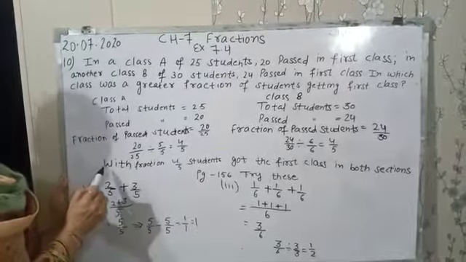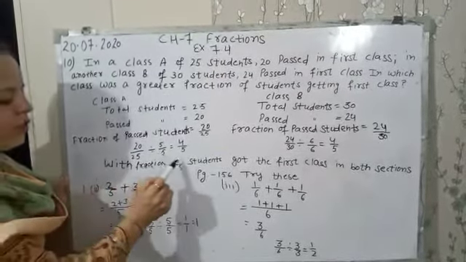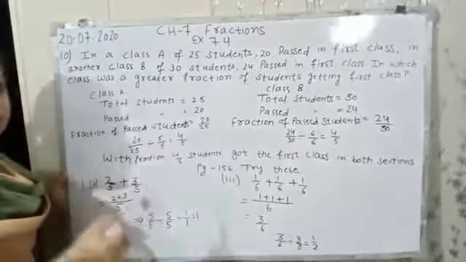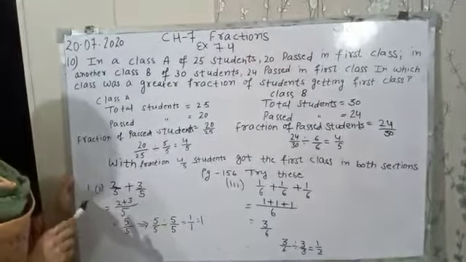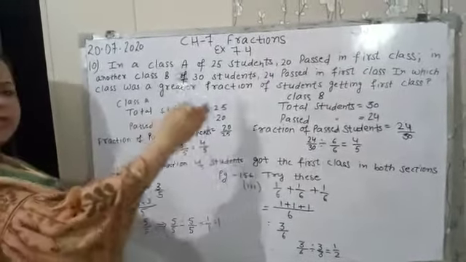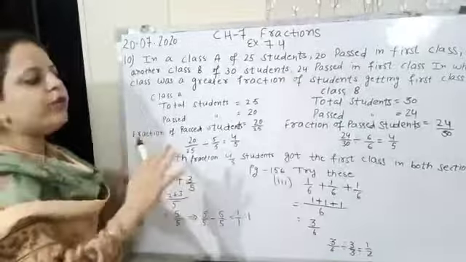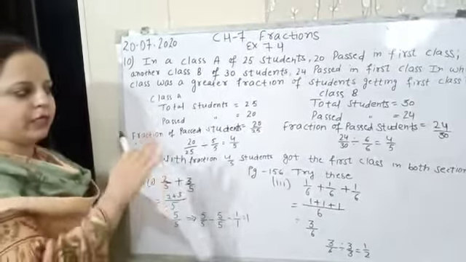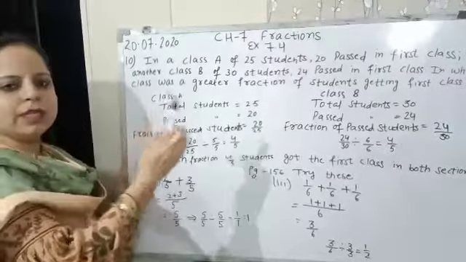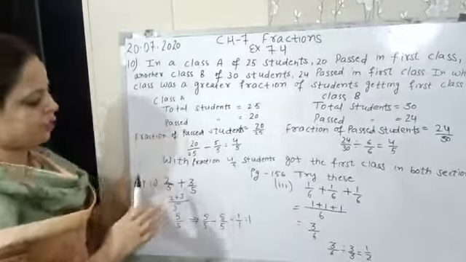So in the end we will write that with fraction 4 by 5, students got the first class in both the sections, means in both the classes. Means we can say when fractions are equal, there is no need to compare the fractions. It means both the fractions are equal, so students got equal marks with the first position.